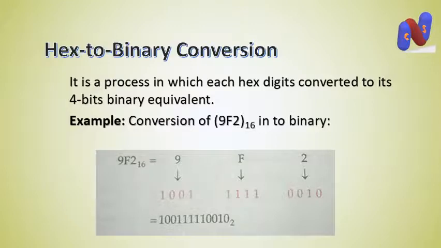The binary digits for 2 will be 0010, the binary digits for F will be 1111, and the binary digits for 9 will be 1001. And when we write it together, we get the binary equivalent of the hexadecimal 9F2, which is 100111110010.